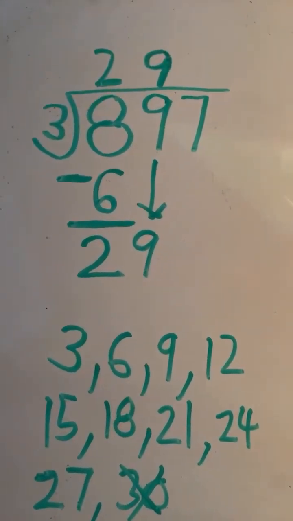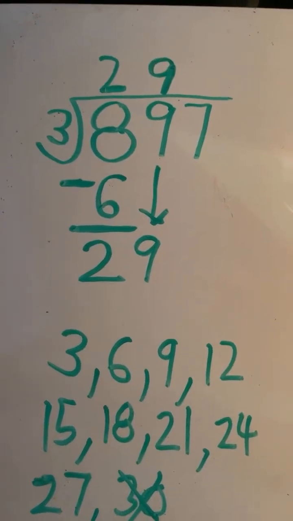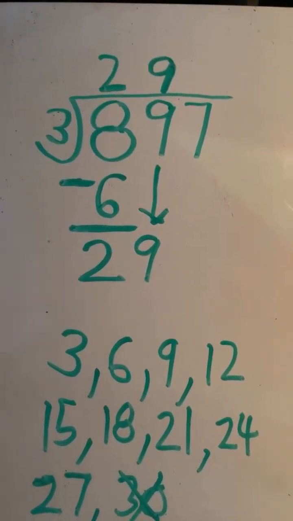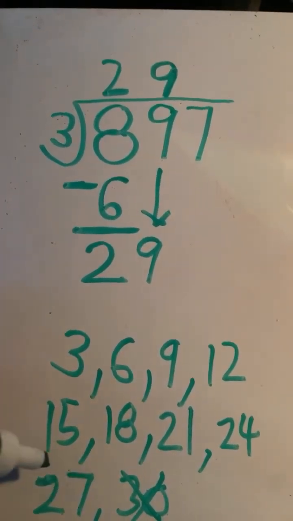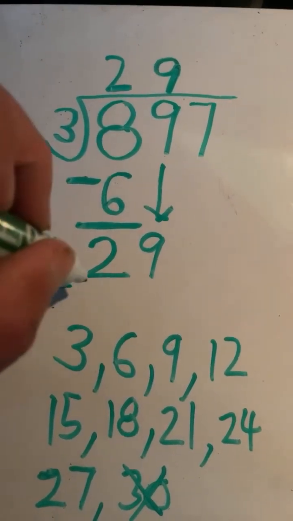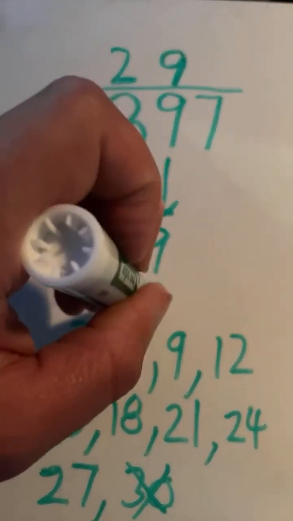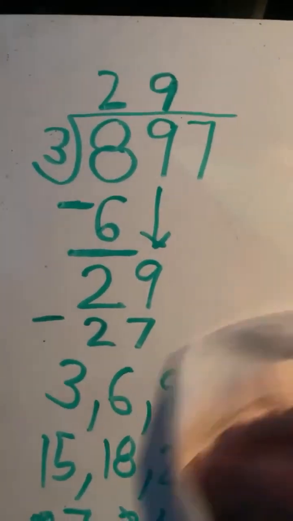To find out the remainder, we have to subtract the closest number that we could get to 29 without passing it. So the closest we could get to 29 when we skip counted was 27. So that's what we have to subtract. So we're going to do 29 minus 27, to see what our remainder is here.